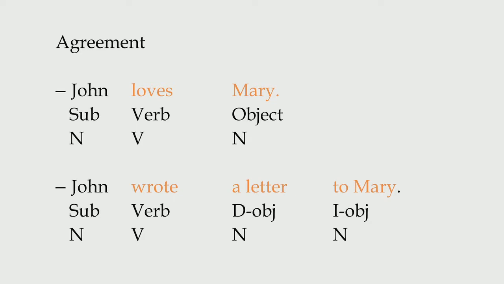Now, I draw your attention to the part that is indicated by the letter s, the sound z, and that is what makes the word loves. So, this element with the symbol s, which in turn sounds z, is the visible marker of agreement in this sentence.